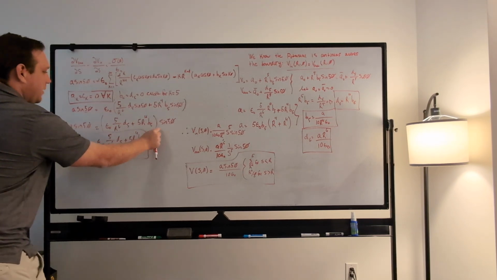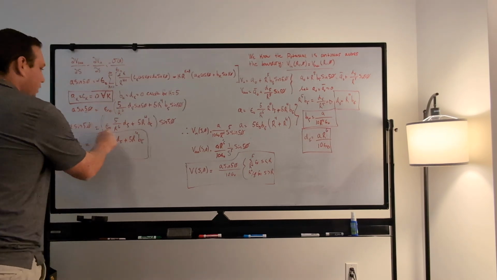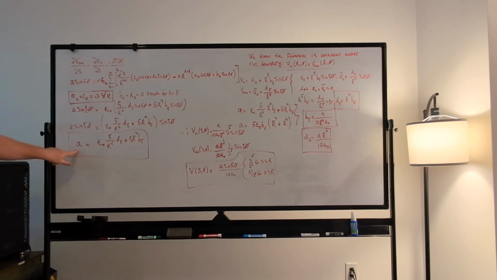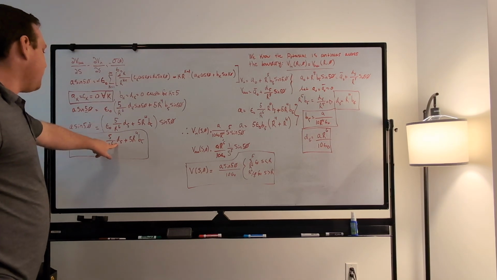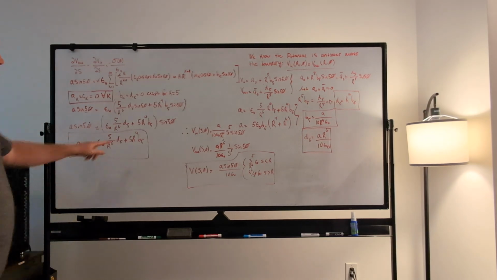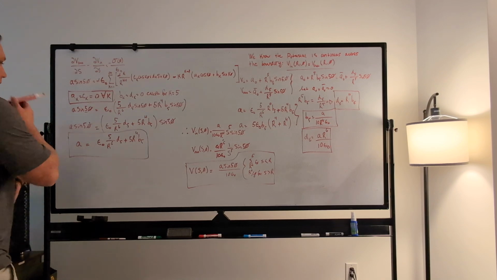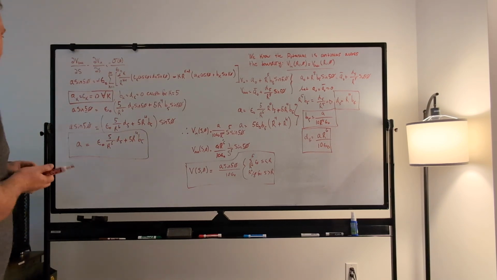D sub 5, b sub 5 times sine 5 phi. So that tells us that this whole term is a. That is what a is. Right? So a is equal to epsilon naught, 5 divided by r to the 6th, d sub 5, plus 5 r to the 4th, b sub 5. Okay, I mean that's useful, but we have one equation and two unknowns.